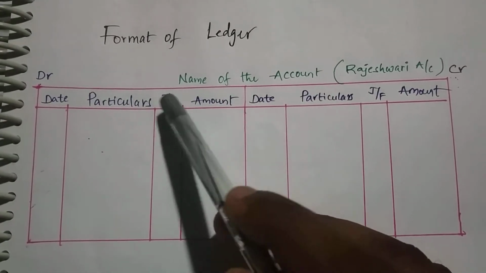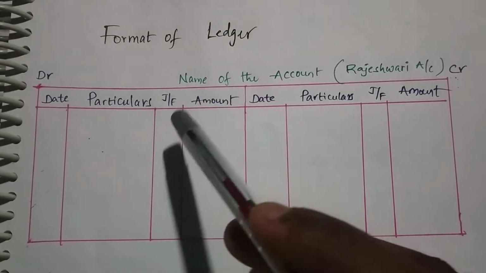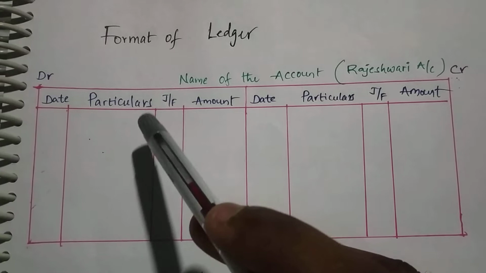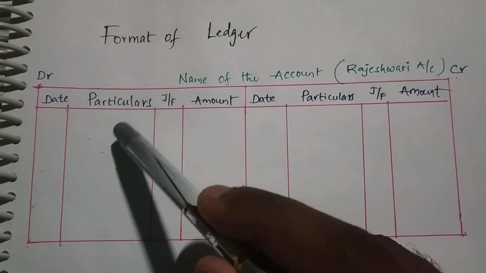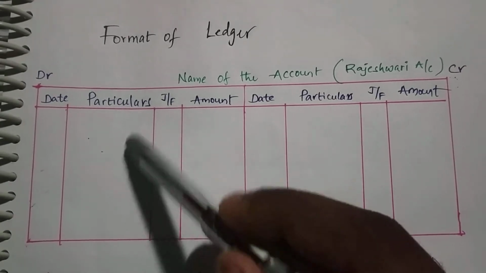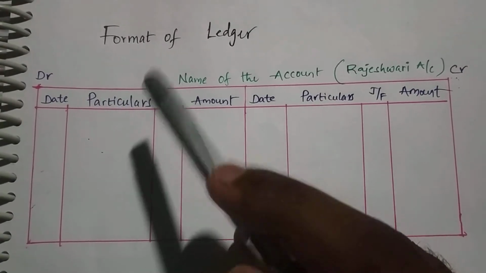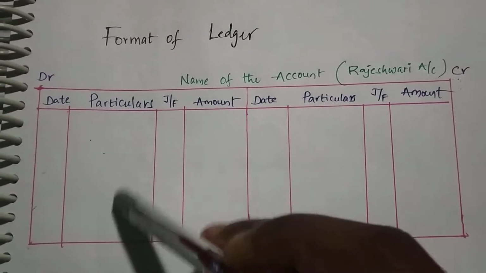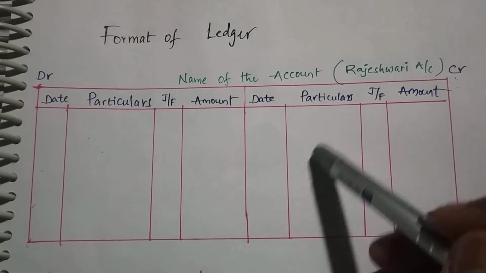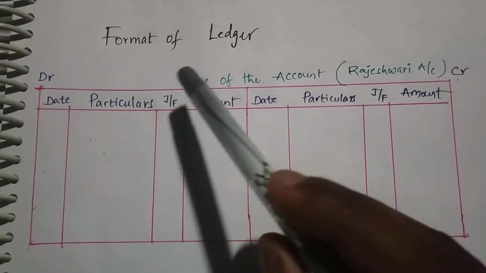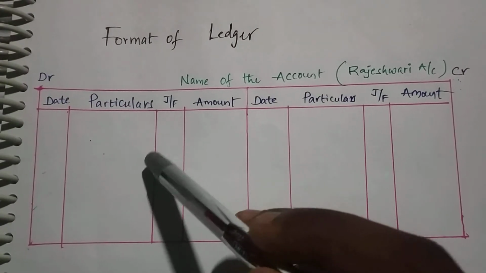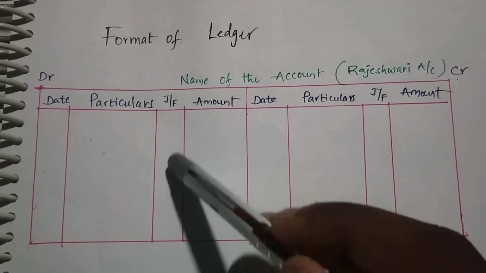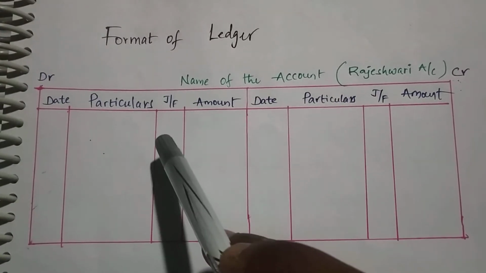The name of the other account which is affected by the transaction is written either on the debit side or the credit side in the particulars column. The page number of the journal or subsidiary book from where that particular entry is transferred is entered into the JF, journal folio, column next to the particulars.